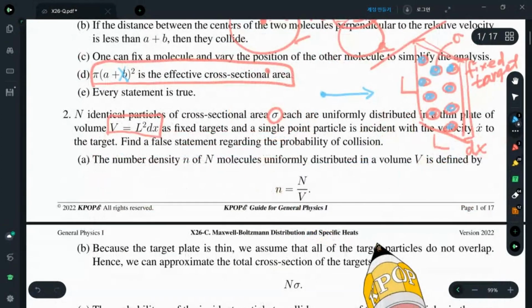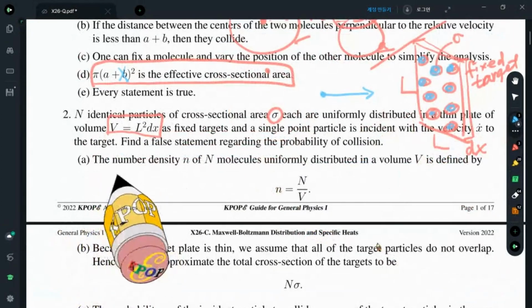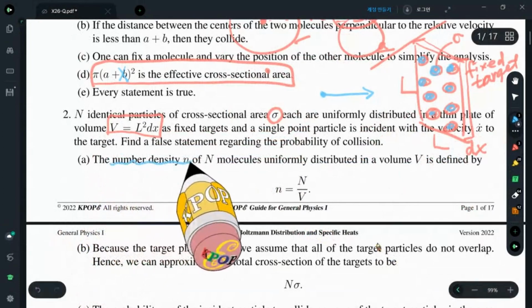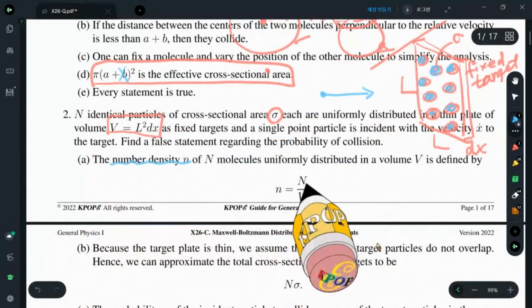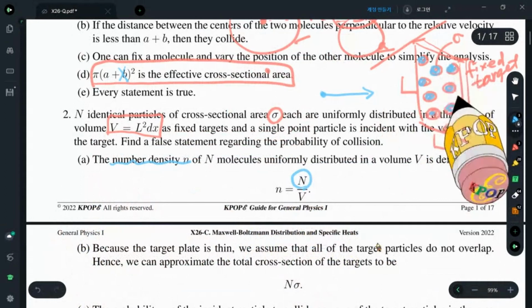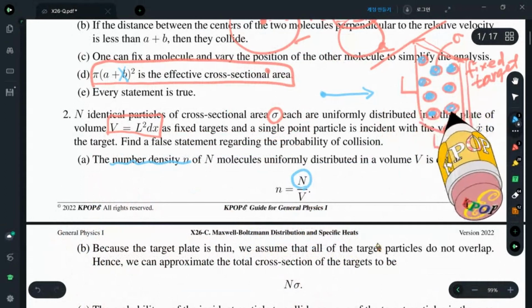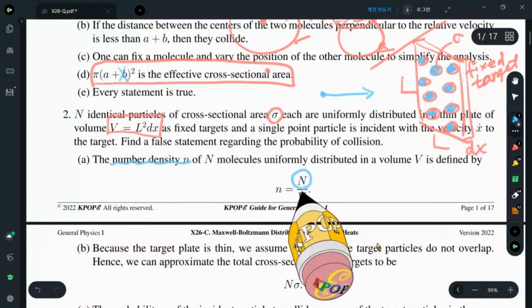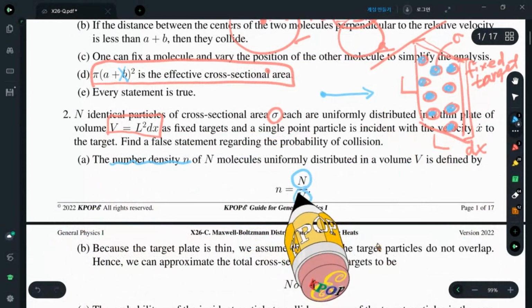Okay, to consider that, it is convenient to define the number density. Number density represents the number of particles embedded inside the target per volume.